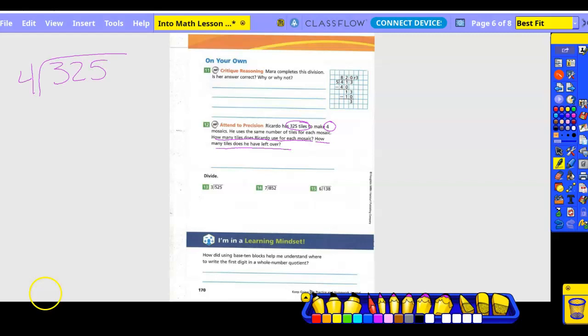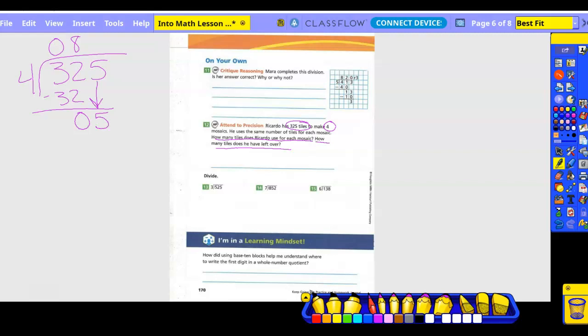So can 4 go into 3? No. 4 into 32. Yes. How many times? 8 times. So 8 times 4 is 32. So 32 minus 32 is 0. Bring down my 5.